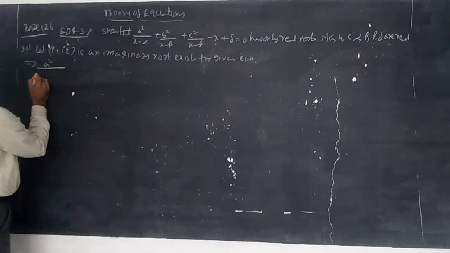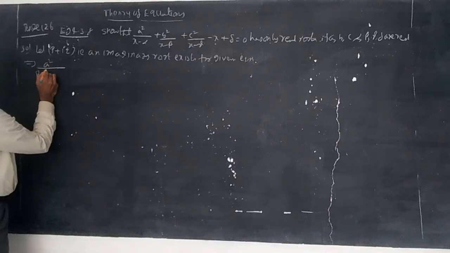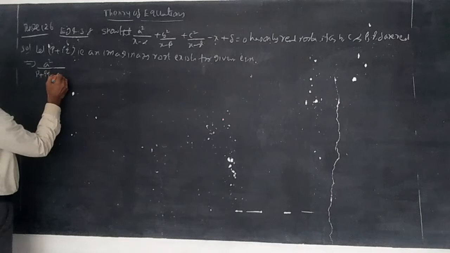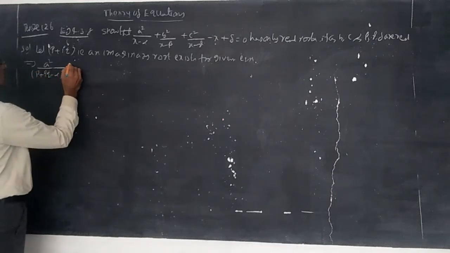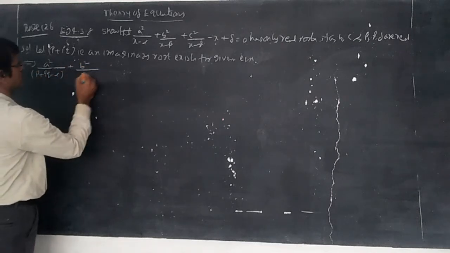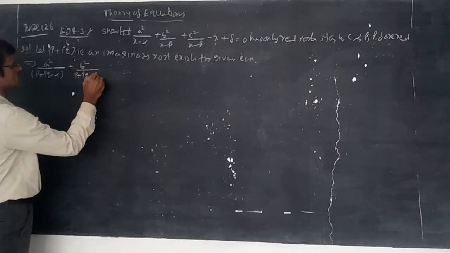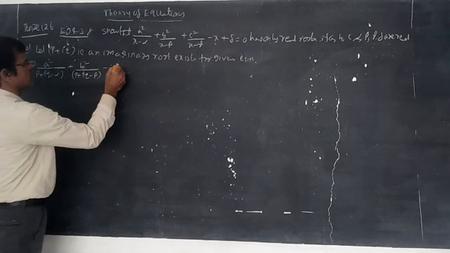a square by, instead of x you write p plus iq. This is p plus iq minus alpha, plus b square by p plus iq minus beta. This is a complex number I am writing here.